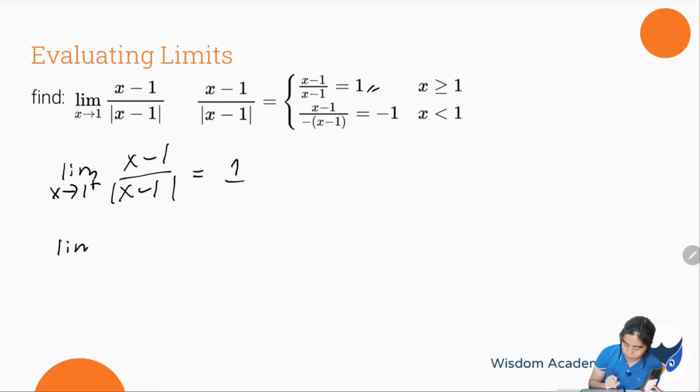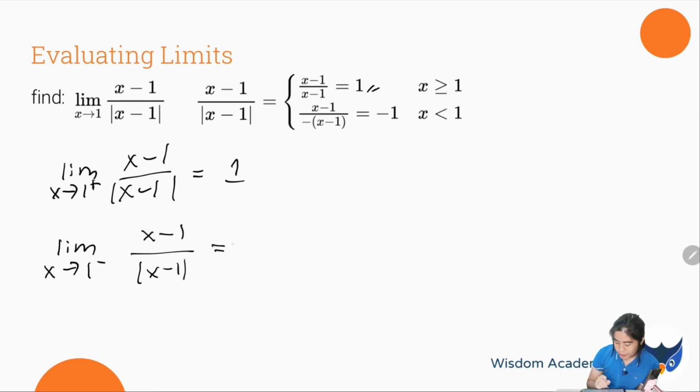From the left naman, alam natin na negative 1, since kapag less than 1 yung input natin, negative 1 yung value.